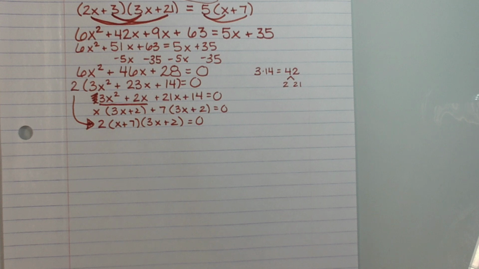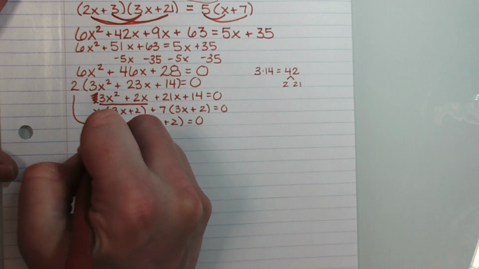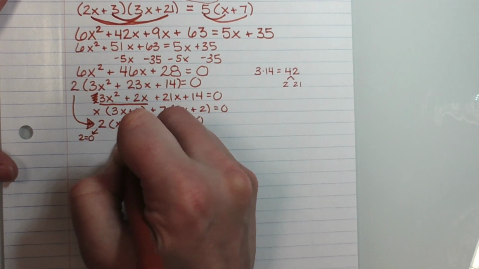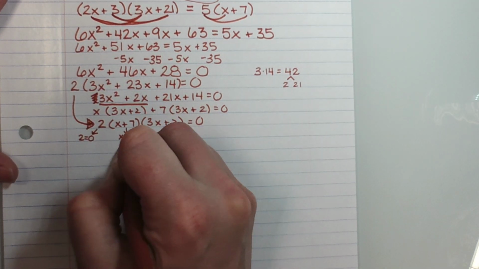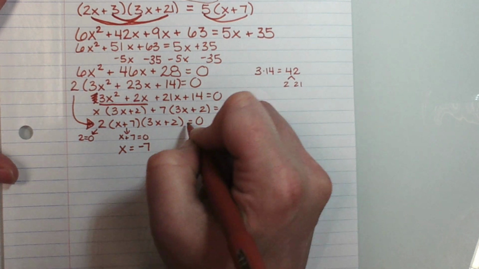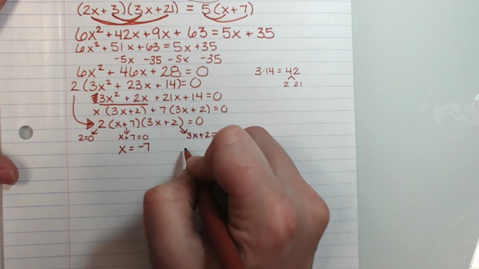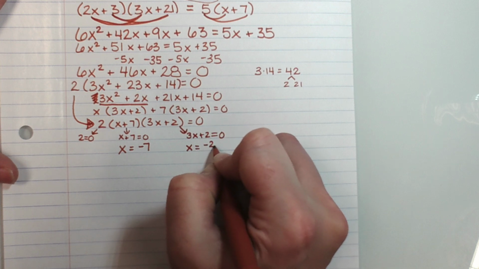When I'm solving, the GCF, unless it's got a variable, doesn't do anything. Can I split it and set it equal to 0? Sure. Is it going to do anything? No. x is equal to negative 7, and x is equal to negative 2/3.